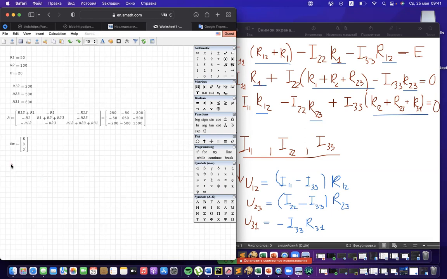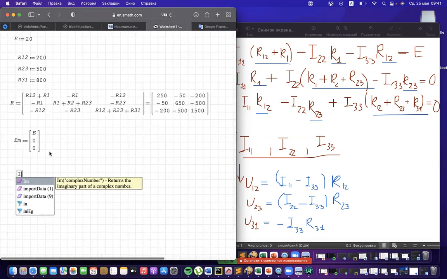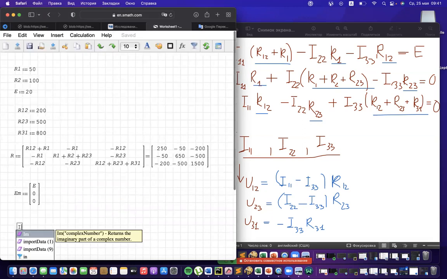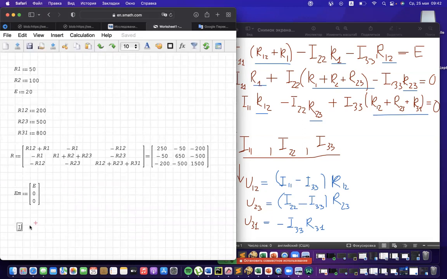And then you could find currents. What are you doing? You could find currents.